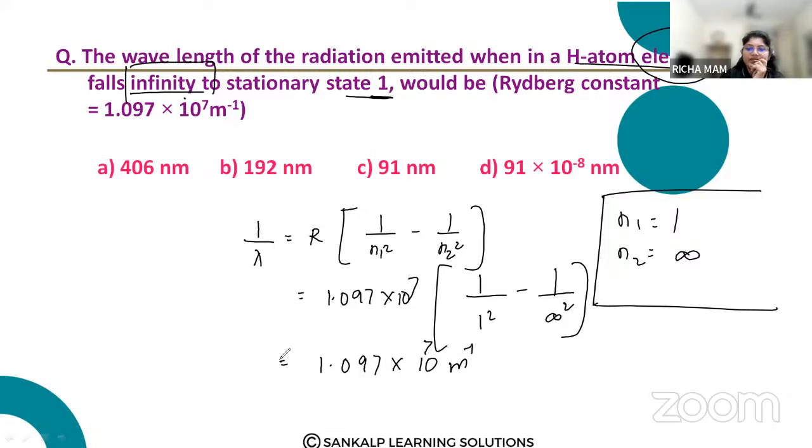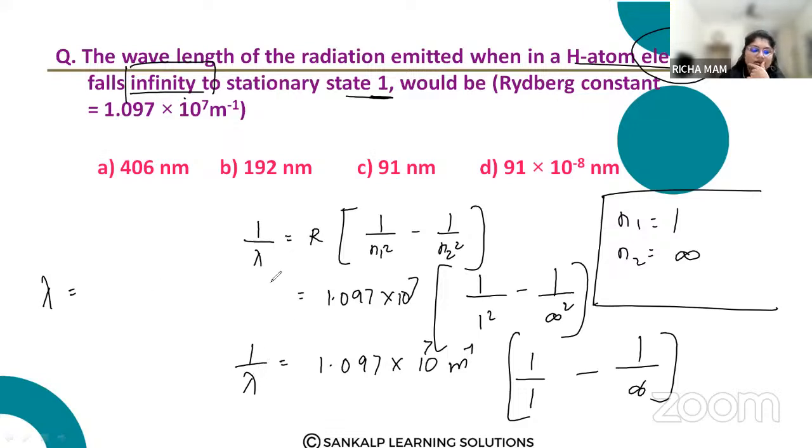So this is 1 by lambda. Now we have to find lambda. 1 by 1 square is 1 only, and 1 by infinity will become 0. So now what is lambda? So what we have to do?